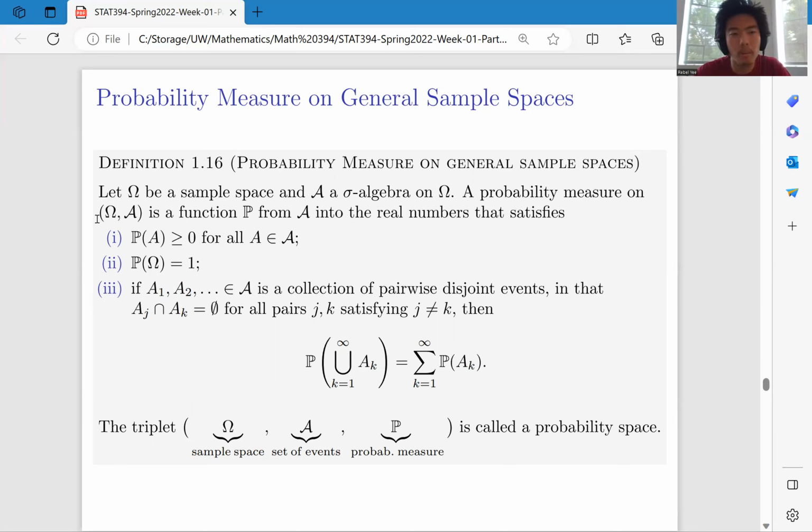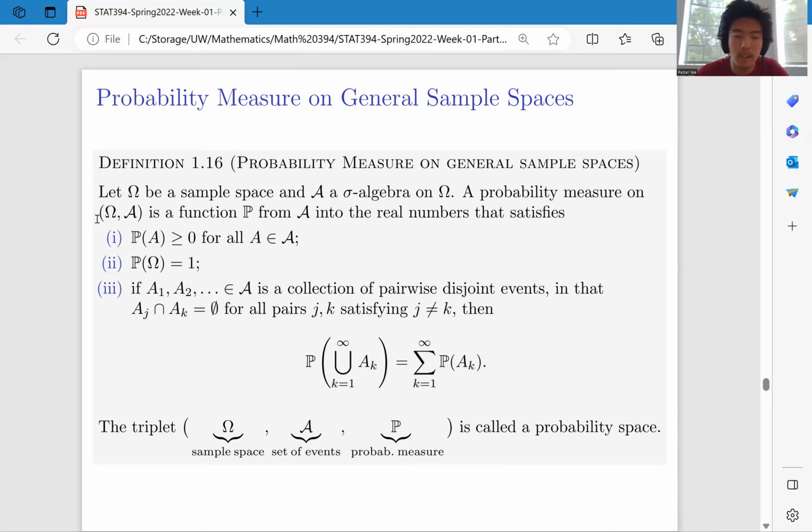Let omega be a sample space, and the fancy A is a sigma algebra on omega. A probability measure on omega and fancy A is a function P from the fancy A to real numbers that satisfies three properties. Here the function means we assign a real number to each set, which are the elements inside the fancy A, which are all sets.